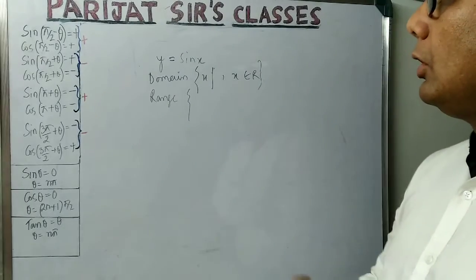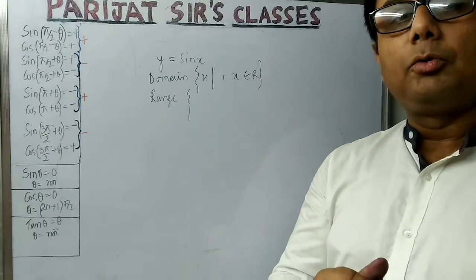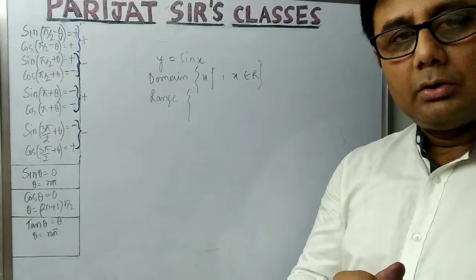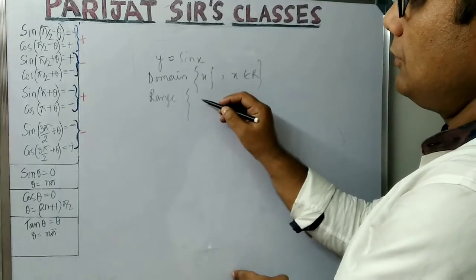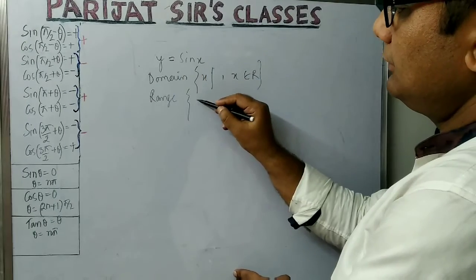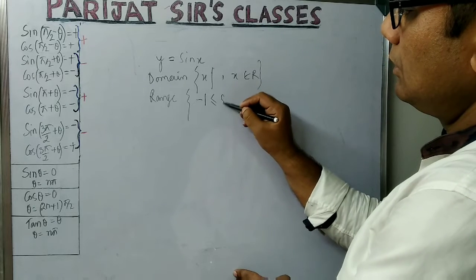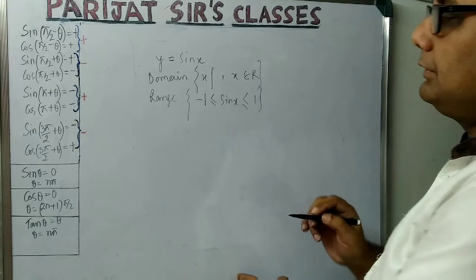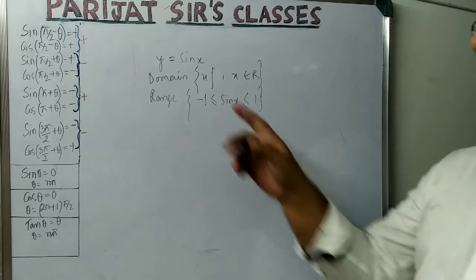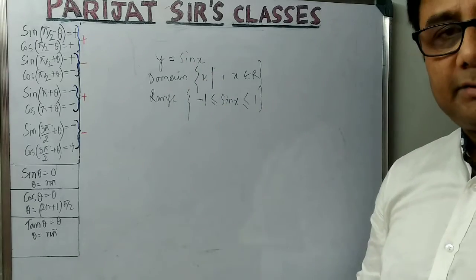The minimum value of sine is when we put minus pi by 2, so then we will get minus 1. So basically the range of y is from minus 1 to 1. This is the range of y is equal to sine x.